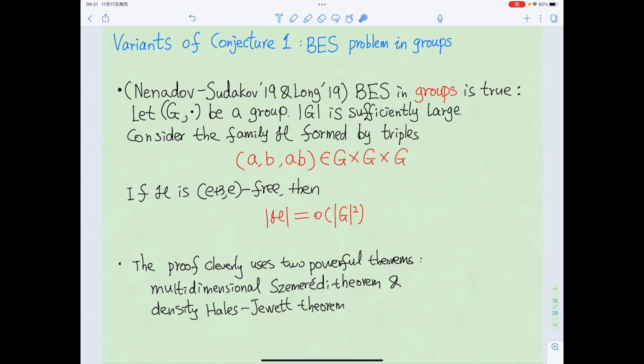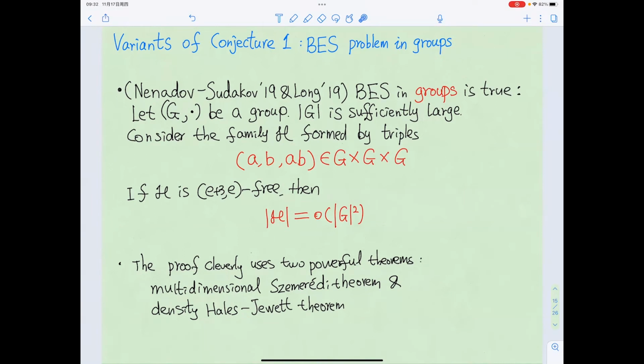They proved that if G is a group and the order of G is sufficiently large, then consider the following family H formed by triples of G: A, B, and A times B. So this is the binary relation in G. If the family of these triples is (e+2, e)-free, then the number of these triples must be little o of the order of G squared. So basically, they proved the BES problem in groups.